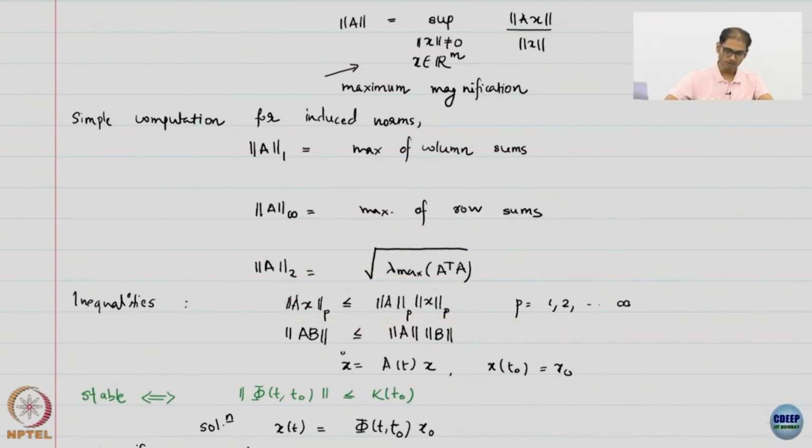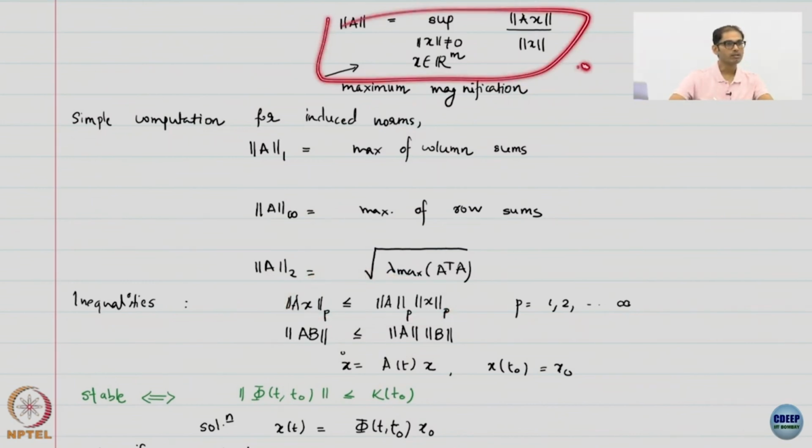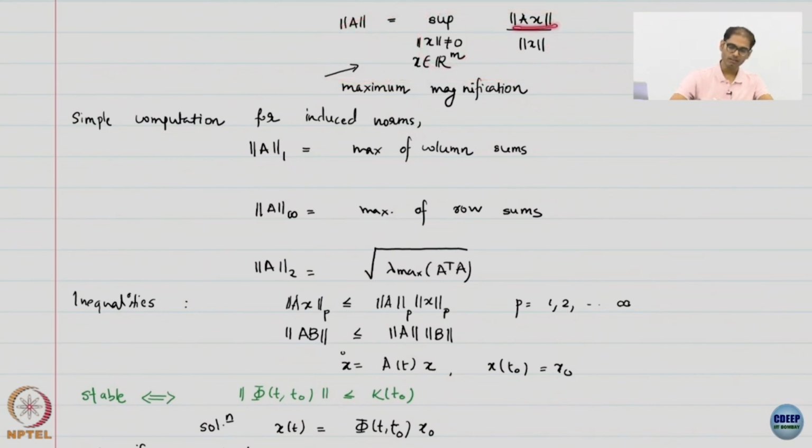This inequality is coming from the induced norm definition itself, because the induced norm is the supremum. Therefore norm Ax divided by norm x is always greater than norm A, because it is the supremum. So for all values of x, norm Ax divided by norm x has to be greater than or equal to norm of A. I hope that is evident, because sup is basically an extension of the maximum.